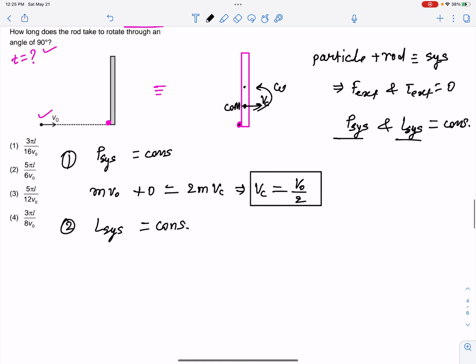Again we have to think about the center of mass. So this distance is L over 4. So the initial angular momentum is m v naught L over 4, and the rod was at rest, and finally we can write I CM and omega. We are talking about angular momentum.